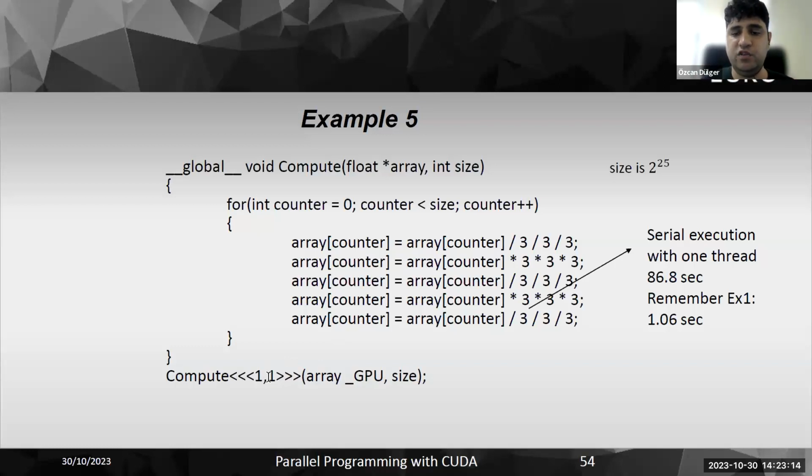When we run it on the GPU, we obtain 86.8 seconds. When we compare with the serial version of this code on the CPU, it is 1.06 seconds. So this is a terrible result for us. As you see, creating one thread and running this for loop in a serial way is not a good approach on the GPU.